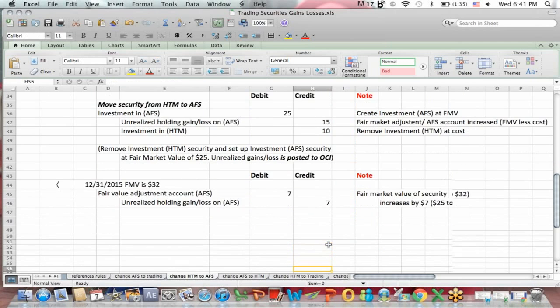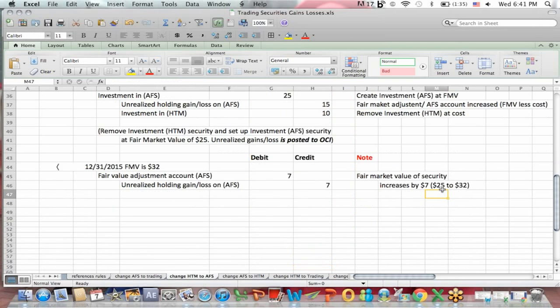Finally, going forward, if the price, for example, increases from 25 to 32, a $7 increase, we increase the fair market value adjustment account, AFS. It's an AFS security now, 7. And we credit the unrealized holding gain, another $7.